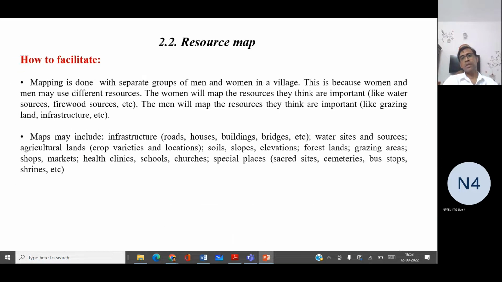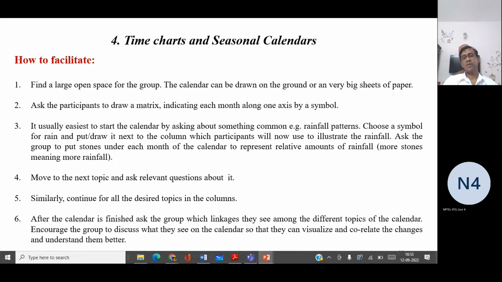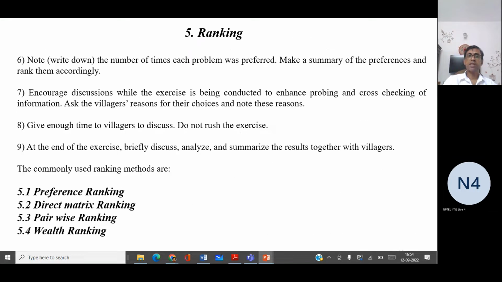Each one of these also helps you to understand a particular area or location. What is the present status of their natural resource base? What are the drawbacks? What are the gaps where one can intervene and try to manage that particular location in a better manner?